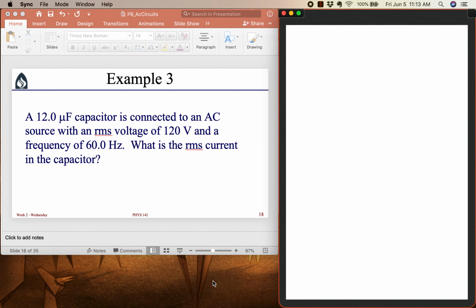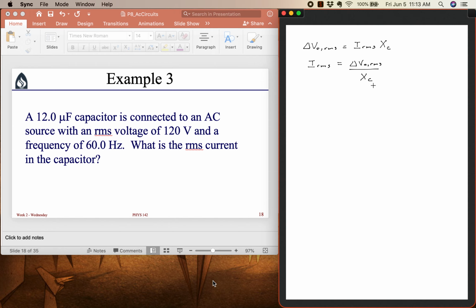So we know that the RMS current is related to the RMS voltage by the voltage of a capacitor RMS is equal to I RMS times the capacitive reactance. So if we want to solve for the current, the RMS current is going to be equal to the voltage RMS across the capacitor divided by the capacitive reactance.